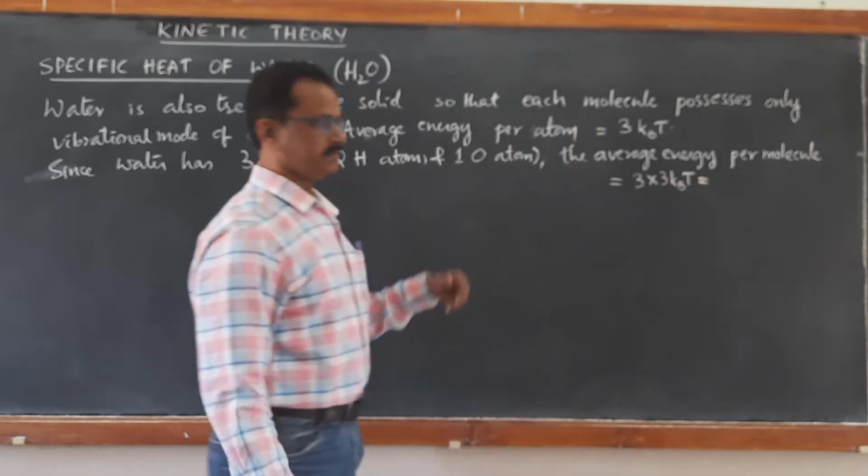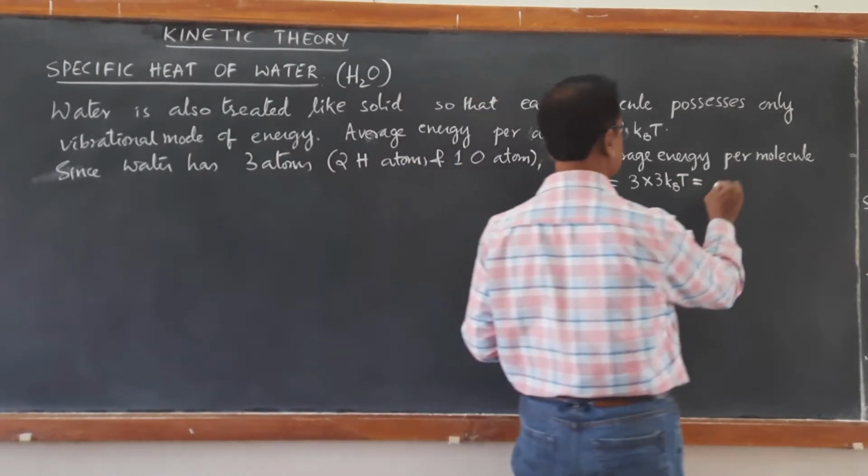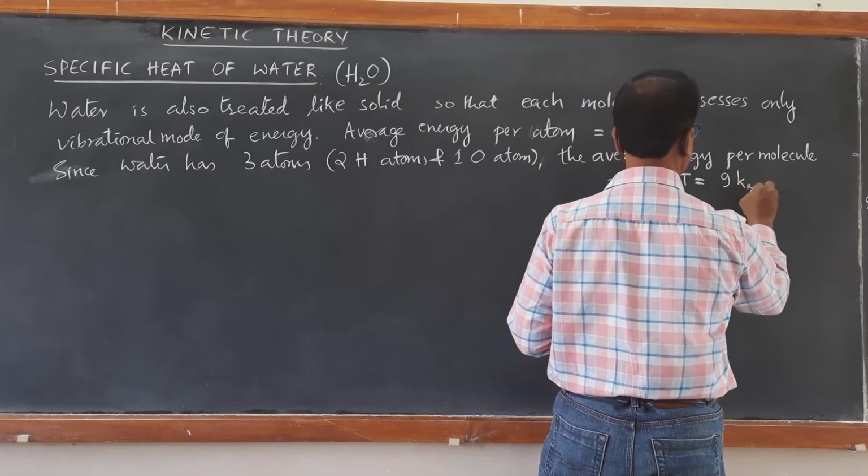Since it has 3 atoms, 3 into 3 kBT becomes 9 kBT.